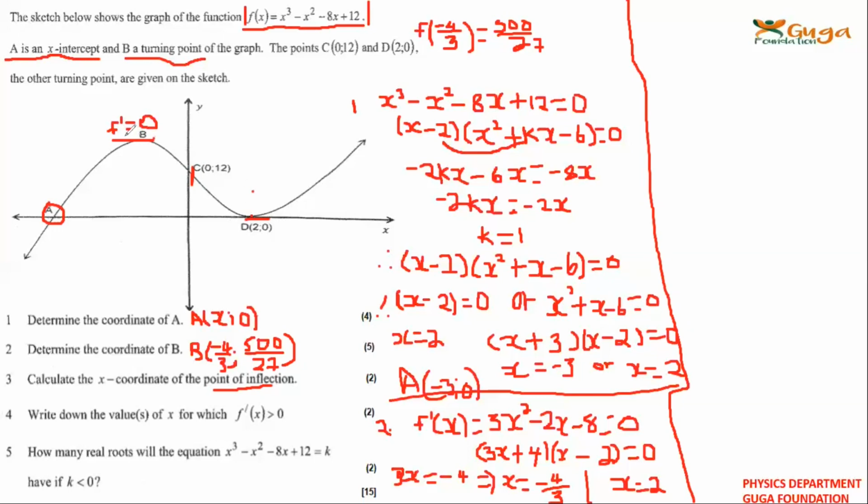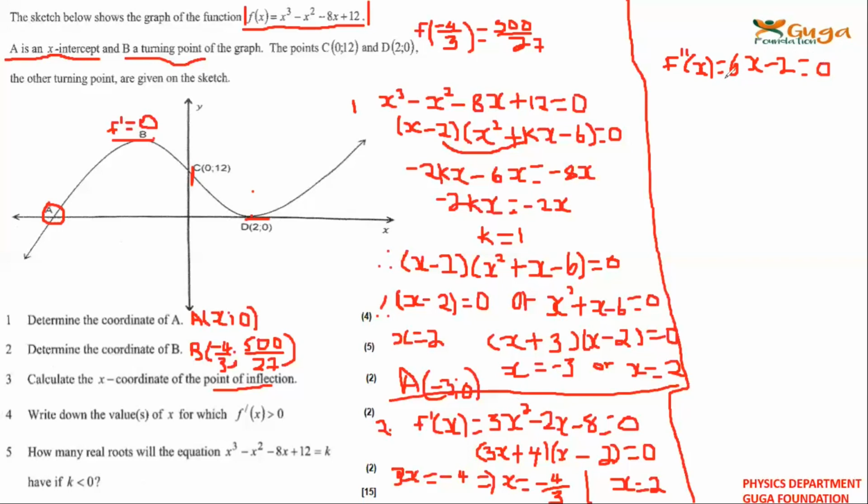So you get the second derivative, f double prime of x is equal to, power down, 6x, power down, minus 2 is equal to 0.